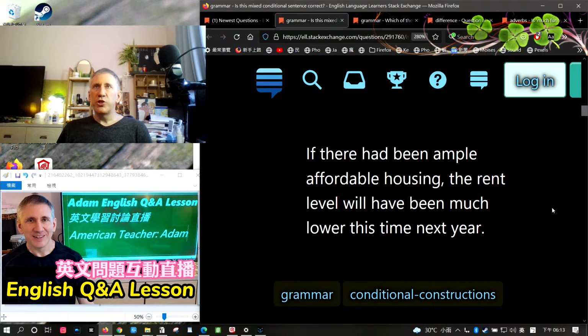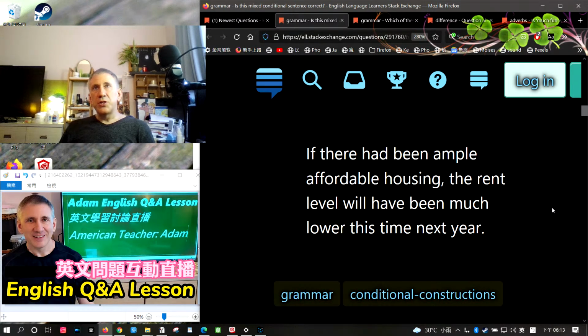And these are used for things that are always true. If you heat water to over 100 degrees Celsius, it boils. So this is a type 0 conditional.